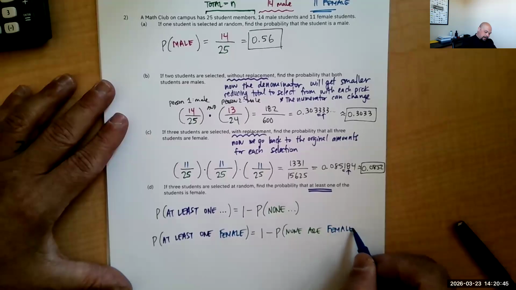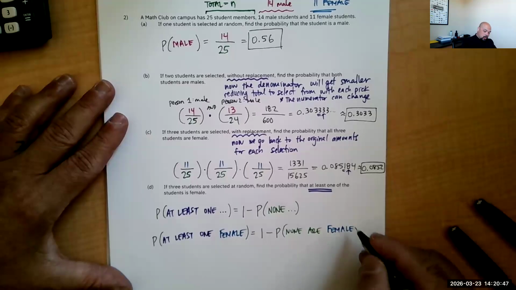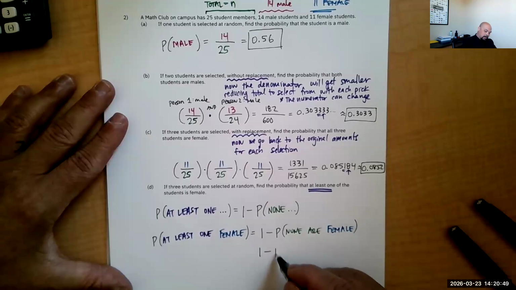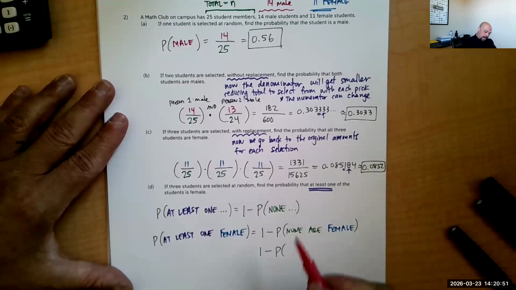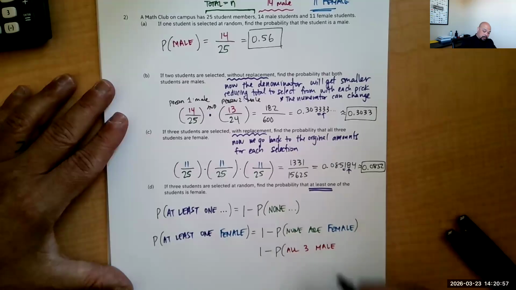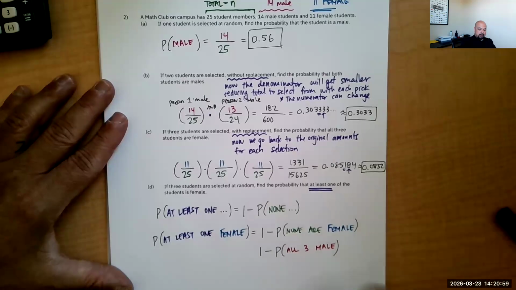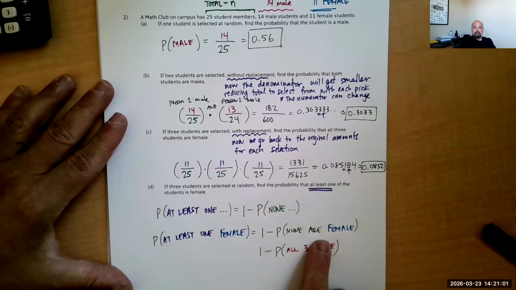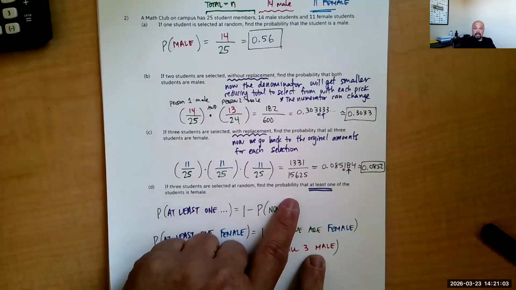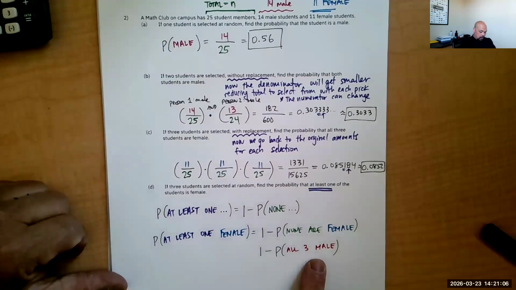Well, another way of wording that, right? So here's that kind of phrasing, or this is equivalent, 1 minus the probability, right, that we have all 3 male, right? So thinking in the context of this particular problem, the fact that none are female means that all 3 of those people we're picking are male, okay?